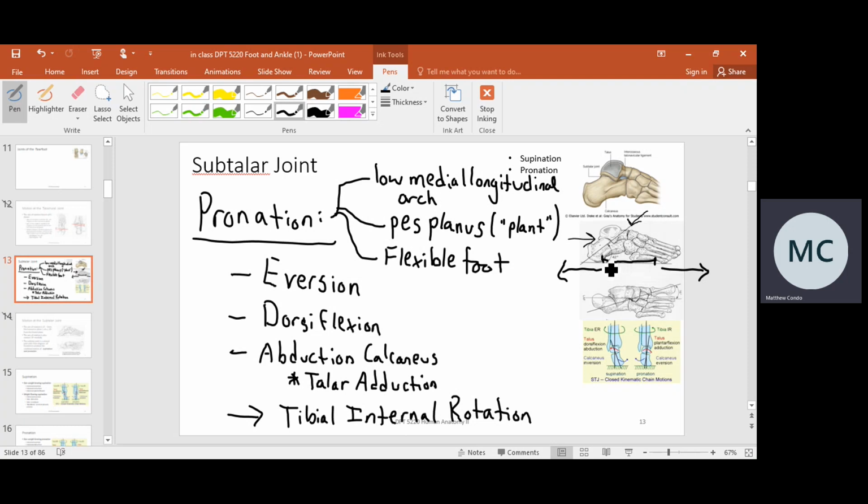If they already are in internal rotation, then blocking is more power.